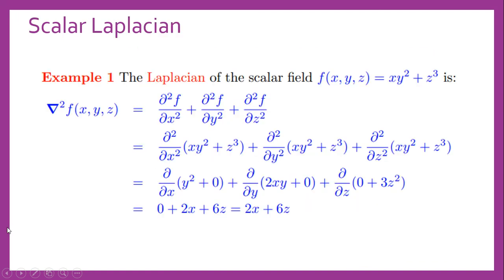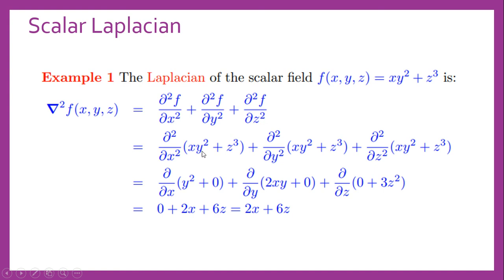We can do a problem for scalar Laplacian. Here f is a function of x, y, z, expressed as x y square plus z cube. So del square f equals dou square f by dou x square plus dou square f by dou y square plus dou square f by dou z square. Substituting f as x y square plus z cube, first we differentiate with respect to x.